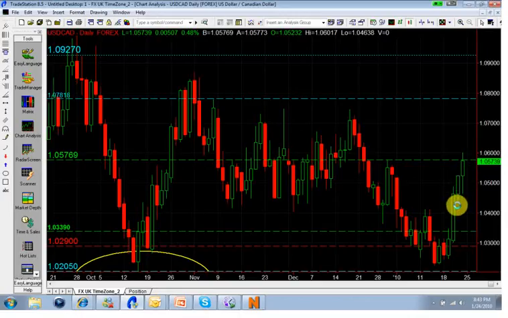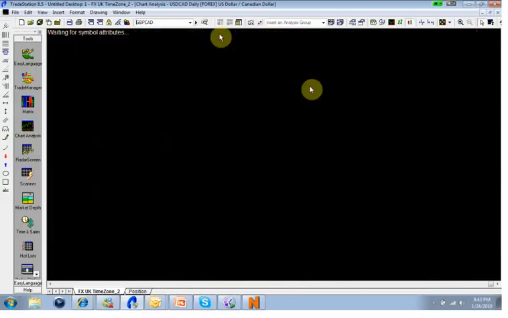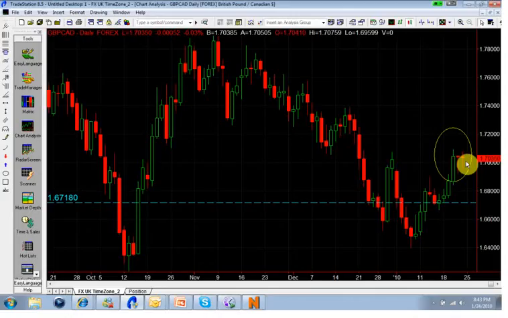This thing is doing a big momentum move to the upside in the dollar, while in the pound it is barely doing anything. It's nothing. So if I have a choice now, the dollar is definitely stronger versus the pound.